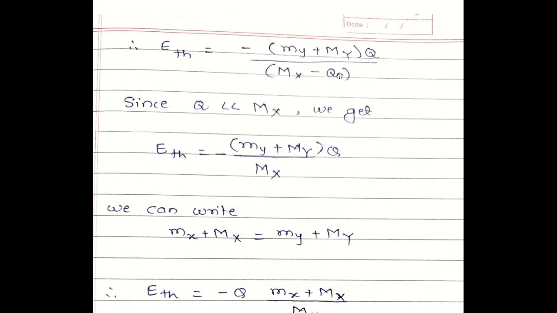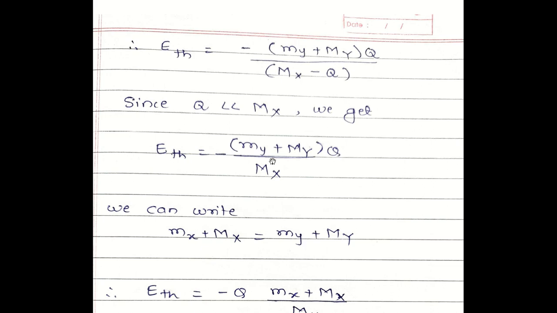So we can neglect this Q value term here, and what we obtain is E threshold equals minus the sum of m y plus capital M y, that is the masses of the product nucleus and product particle, divided by the mass of the target nucleus, into Q.